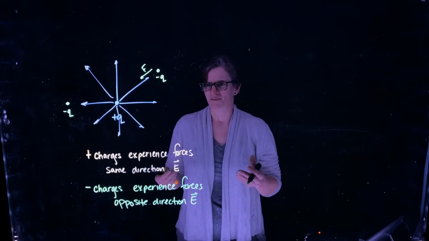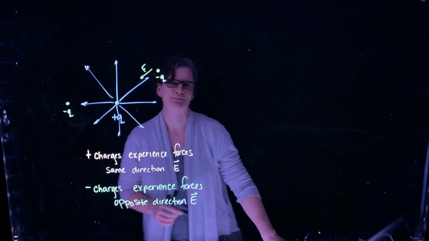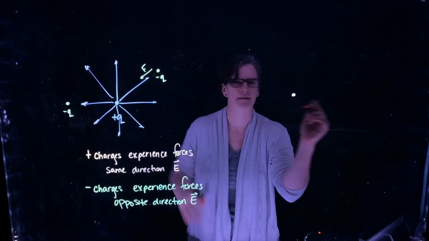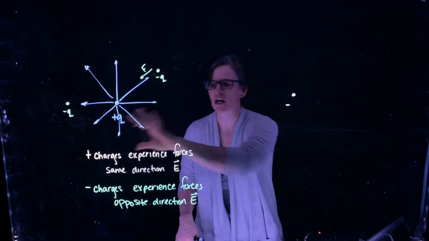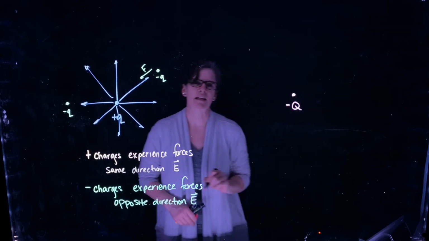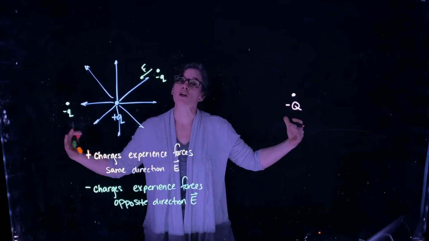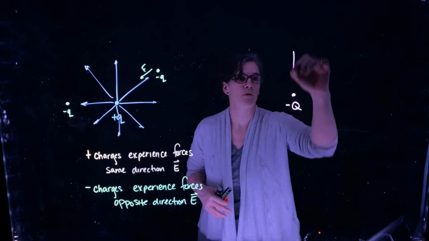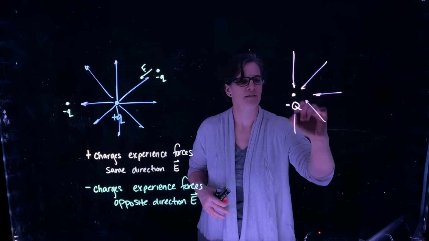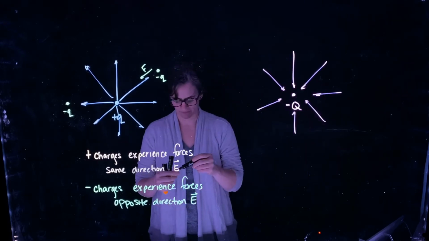All right, so what if I change it up? What if I put a negative charge Q in space? And these aren't going to influence each other. Let's pretend that it doesn't exist. Does the same generalization hold true if I have a negative charge Q? Well, the electric field lines for a negative charge point inward. So if this is a point source, the electric field lines kind of starburst inward.